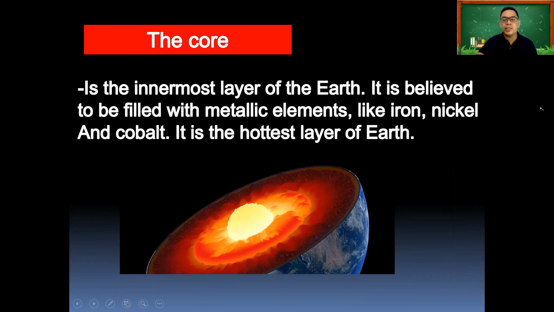It is the innermost layer of the earth, and it's believed to be filled with metallic elements like iron, nickel, and cobalt. It is the hottest layer of the earth. So that is what we call the core. Say core.